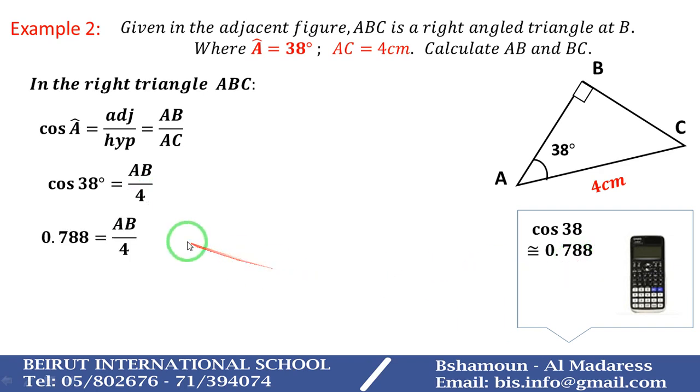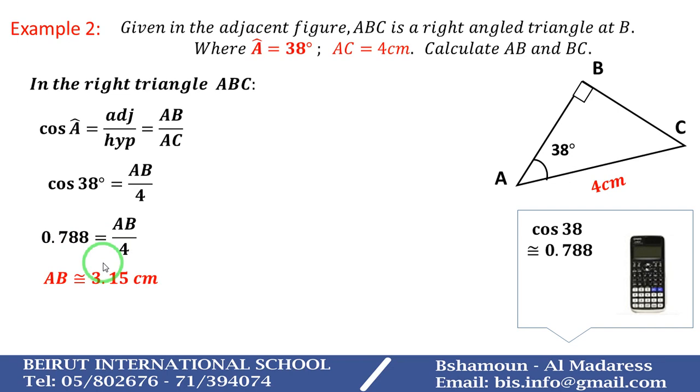Substitute cosine 38 degrees by its value, so 0.788 will be equal to AB over 4. By cross product, we'll have AB equal to 3.15 centimeters approximately.